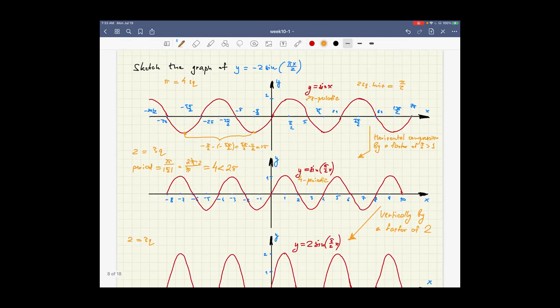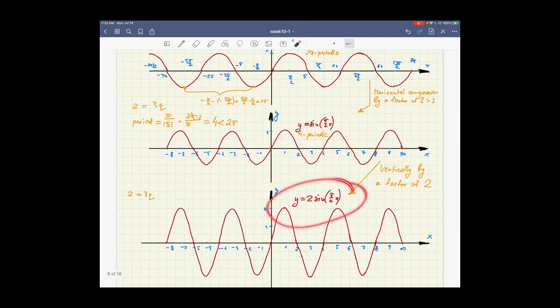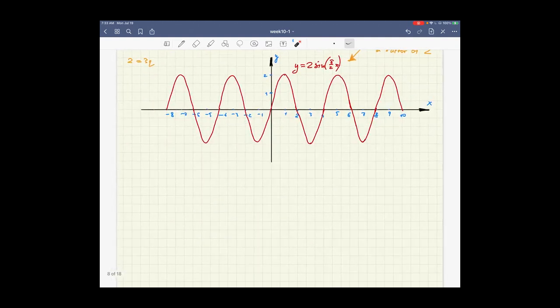And to get the desired graph now from this one, we need to put a minus here, which will correspond to flipping the graph about the x-axis.